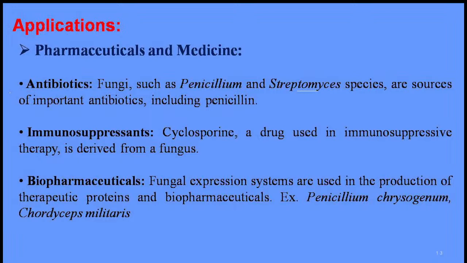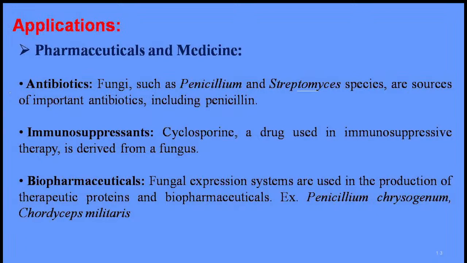The fungus Penicillium chrysogenum is famous for production of penicillin, the first widely used antibiotic, discovered by Alexander Fleming in 1928, and its production was later improved by using a strain of Penicillium chrysogenum. So in this way, this particular fungi can be used in the pharmaceutical industry. Then Streptomyces griseus.